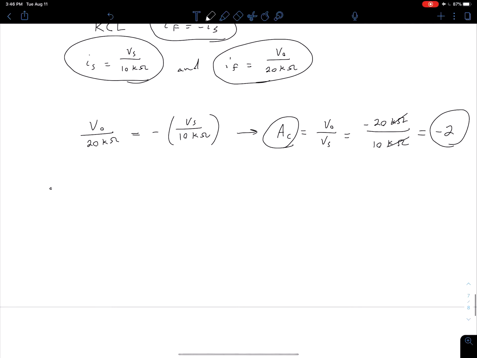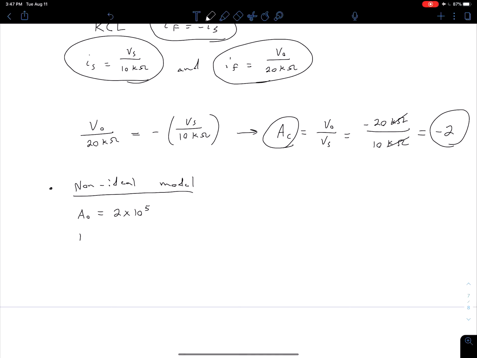So a couple notes before we finish this example. If we were looking instead at our non-ideal model, let's see what we would get for our closed loop gain in that case. This calculation is done more fully in the textbook, but I just want to throw out the numbers and the results so we can compare. With our non-ideal model in the textbook, we have been told our op-amp has some open loop gain of 2 times 10 to the 5th. Remember, ideally our open loop gain is infinite, but here it's a little smaller than infinity.